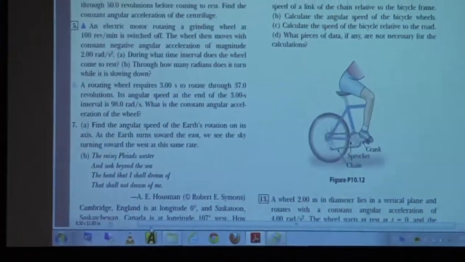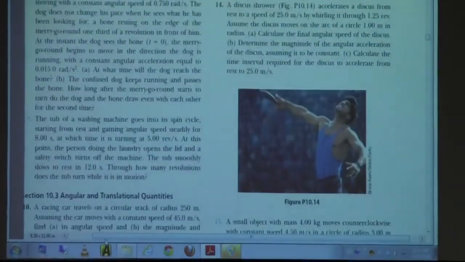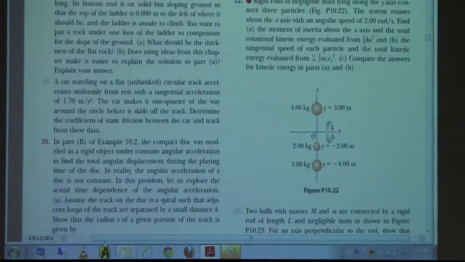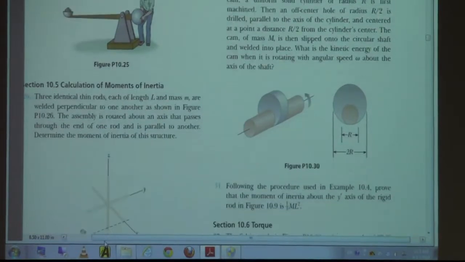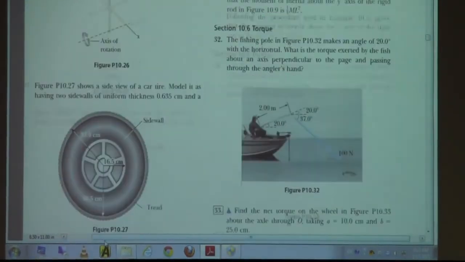Let's move on then in the short time we have. Let's go to 35. Again, if you remember, we did kinematics at first, and so you'll have your share of kinematic problems there on the homework.